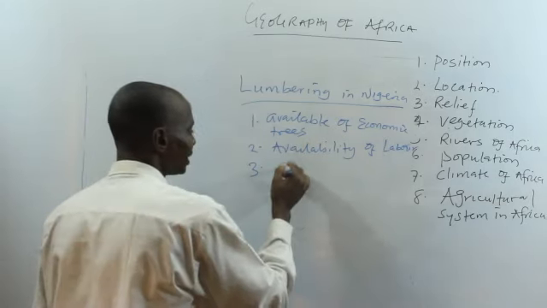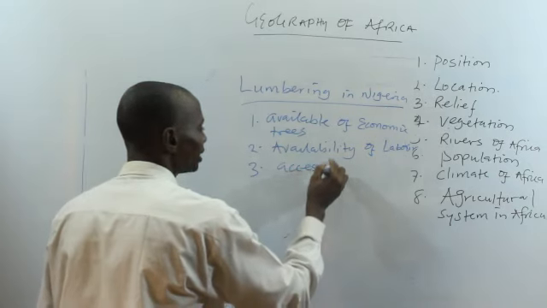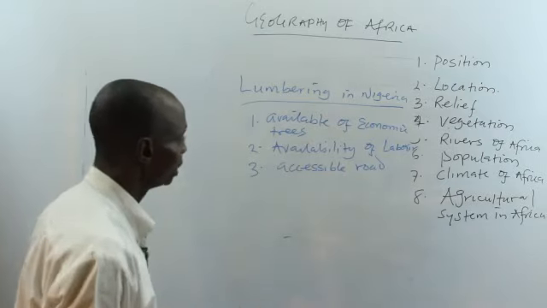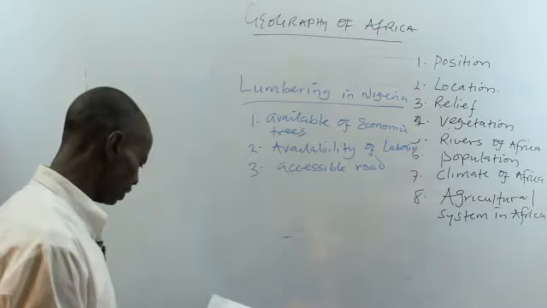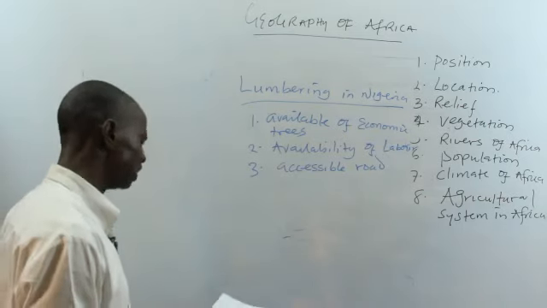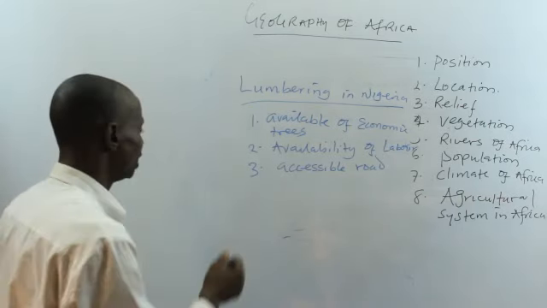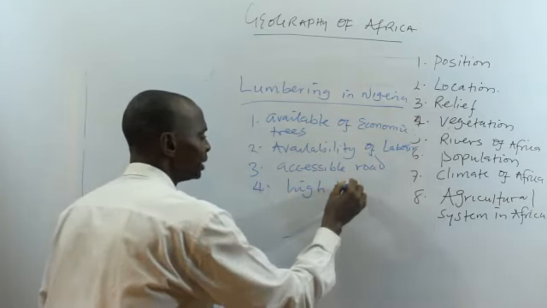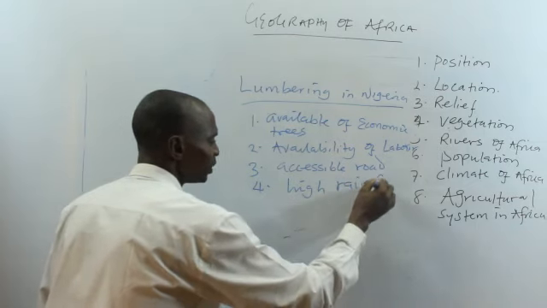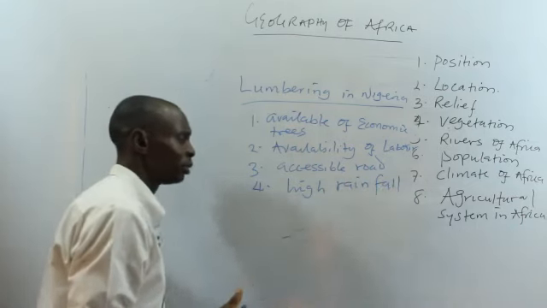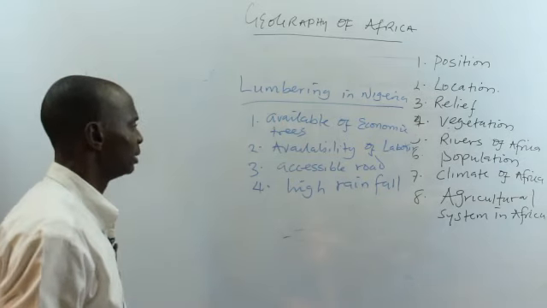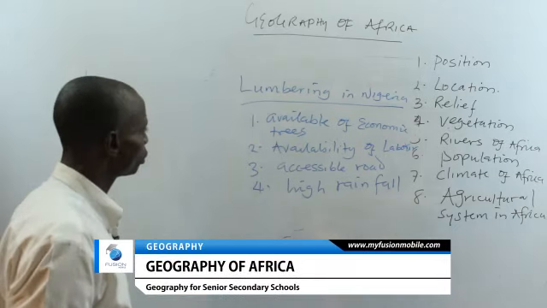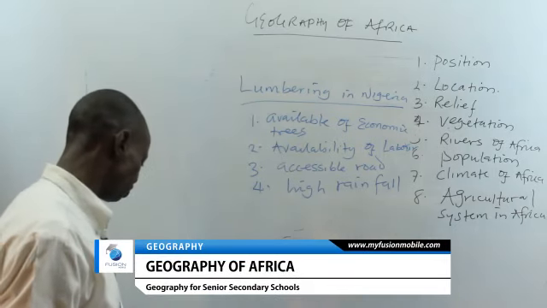Number 3, we have accessibility or accessible road to where we have these lumberable trees. Number 4, we have high rainfall. In fact, along the coastal area of Nigeria, we have enough rainfall that can guarantee the thriving and production of these lumberable trees.